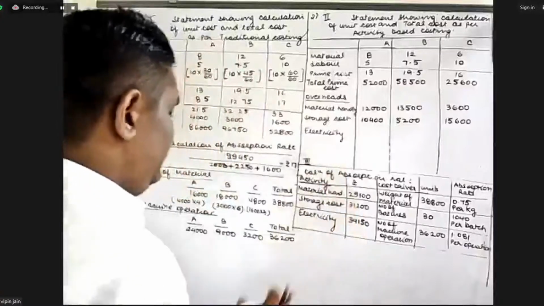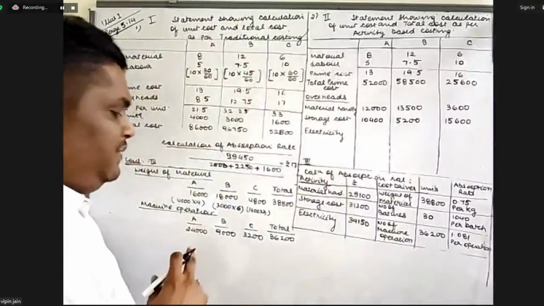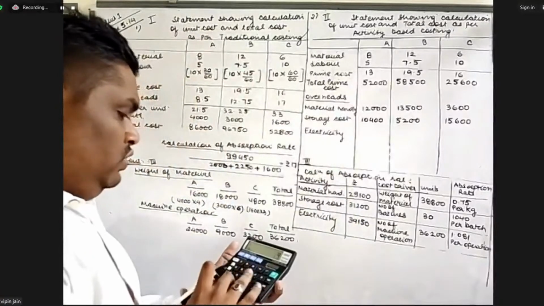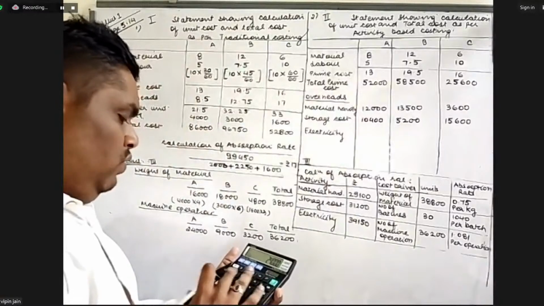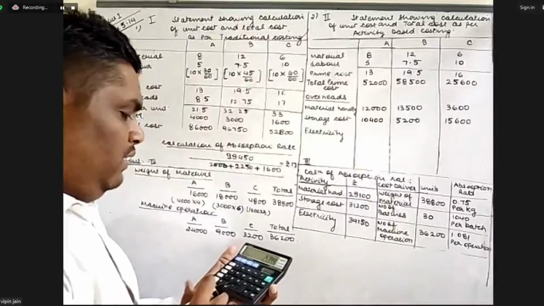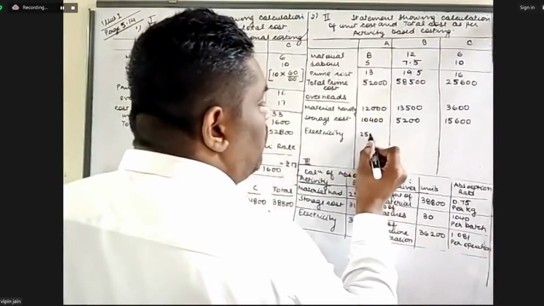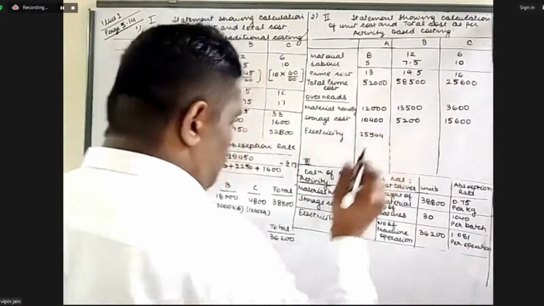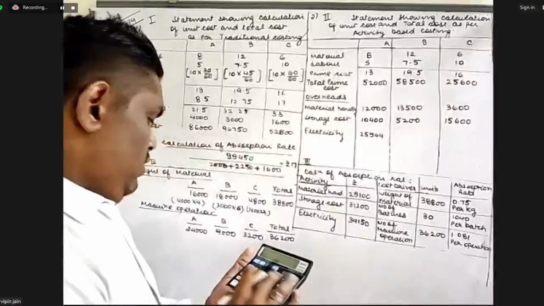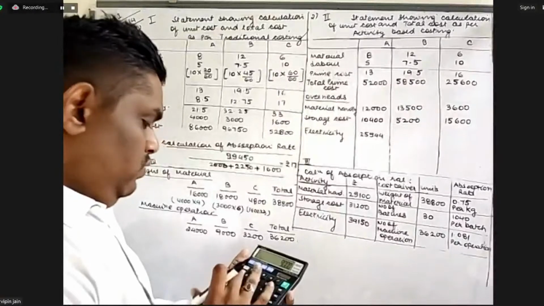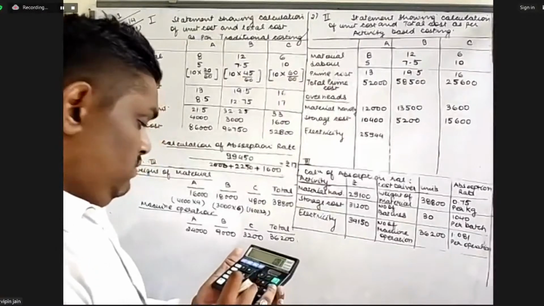So now when talking about electricity, again, the number of machine operations we have already calculated. So 24,000 into 1.081. So this will be 25,944. 9,000 into 1.081.